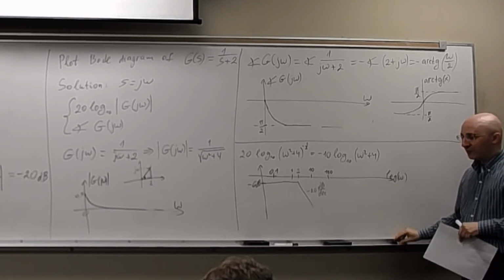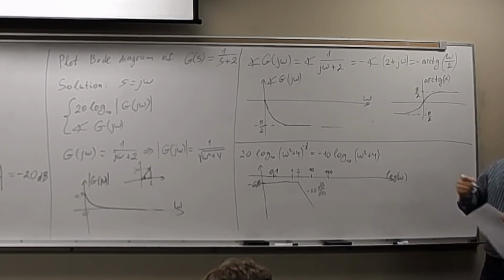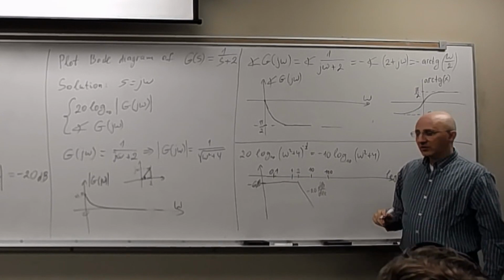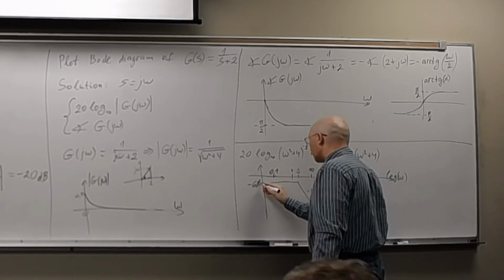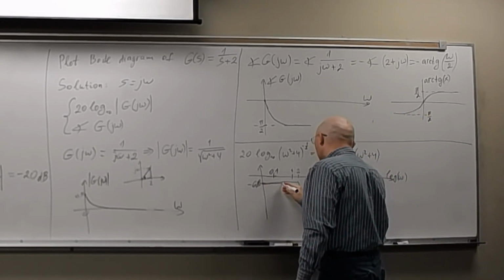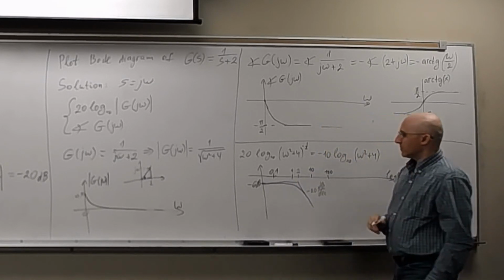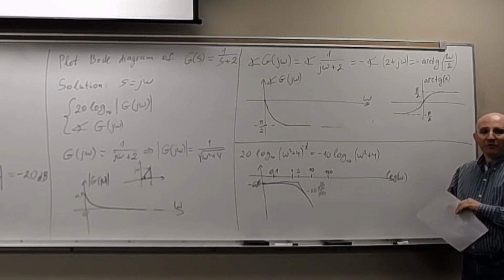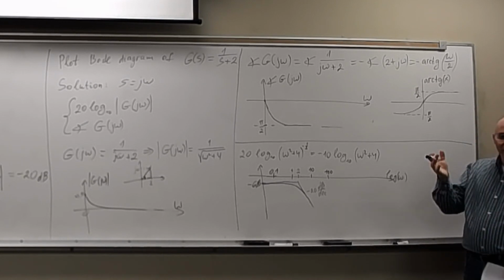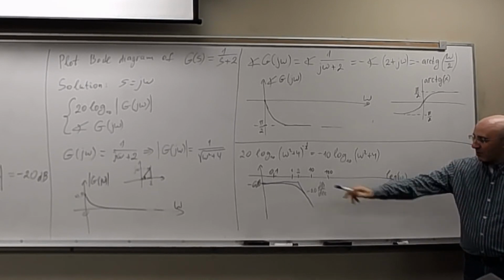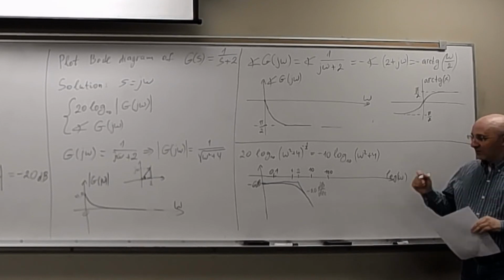Now, the real one will be a little bit different. It's not exactly flat here. It's going a little bit down. So it looks like that. So this is the real one. When you plot that in MATLAB, using the Bode function, you get a plot of that kind.